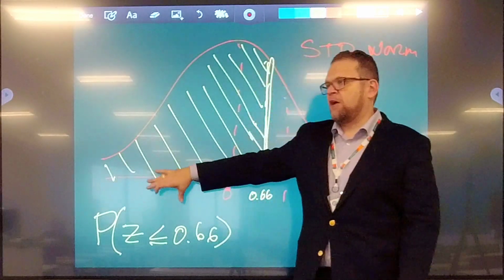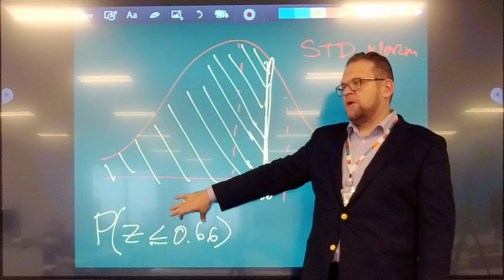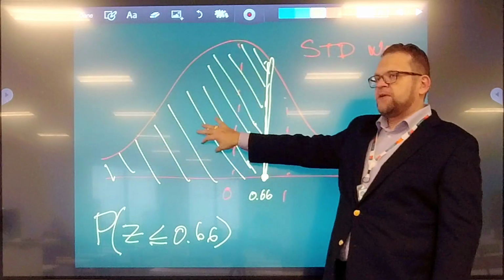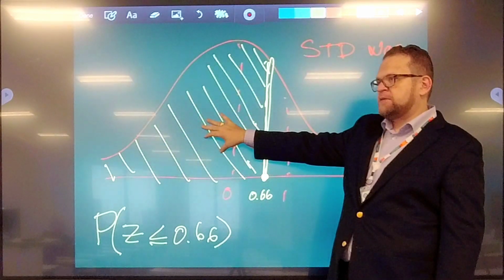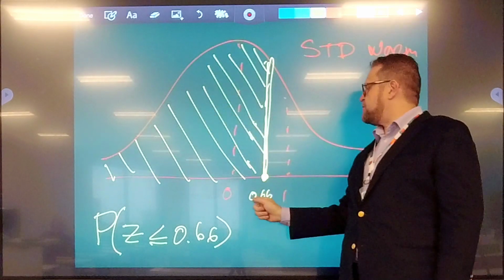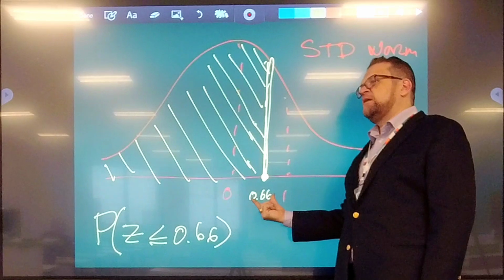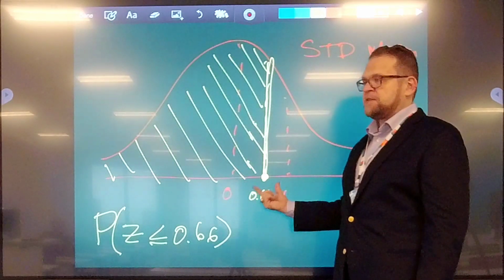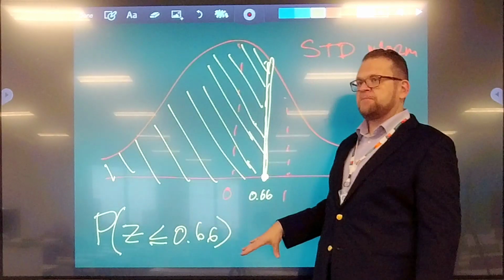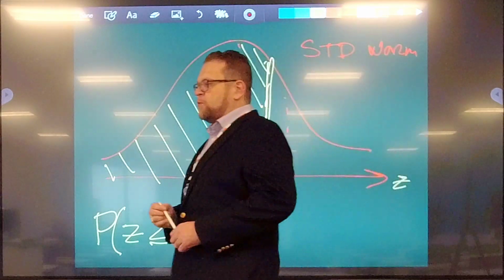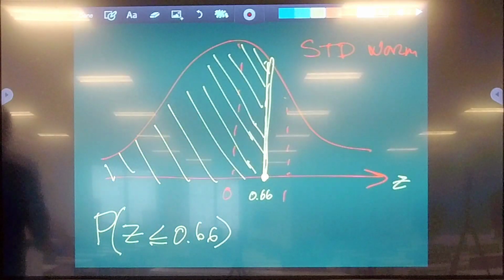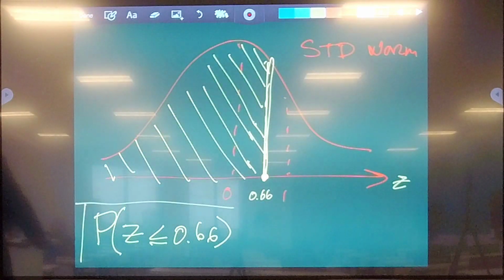It's the probability of an event. And this area is a probability. It's the probability of the event that some randomly selected z was less than 0.66. It's equal to some number. Symbolically, though, this is that number, all of this. When you go to your normal calculator, that's where you will need to understand this notation. Okay?